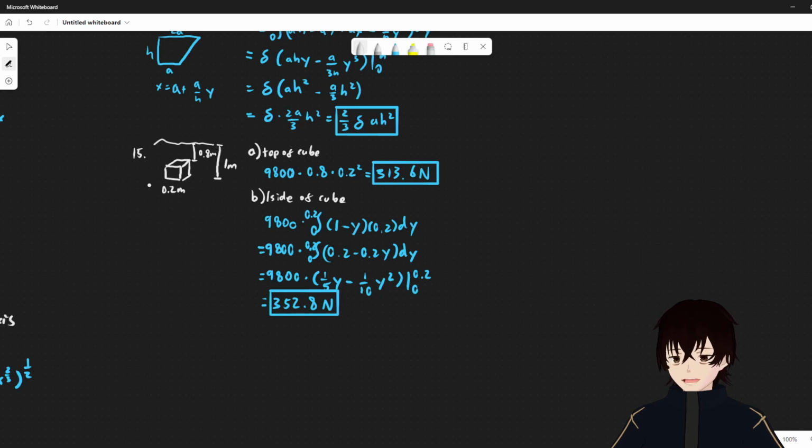Followed by 15, we have number 17, which also must be perfectly aligned. A swimming pool. Uh-oh, this is gonna be quite difficult to draw. Imagine a swimming pool.